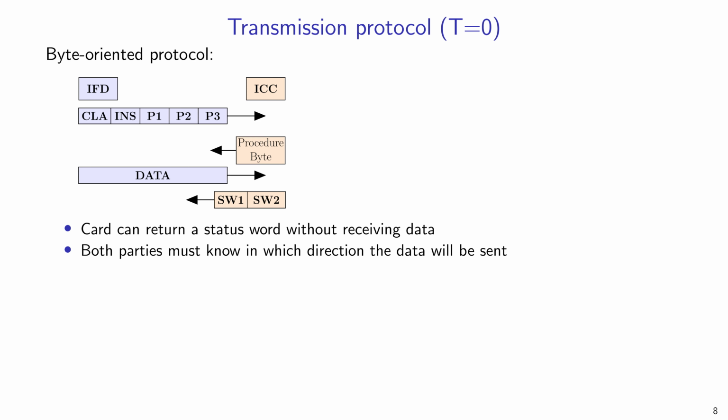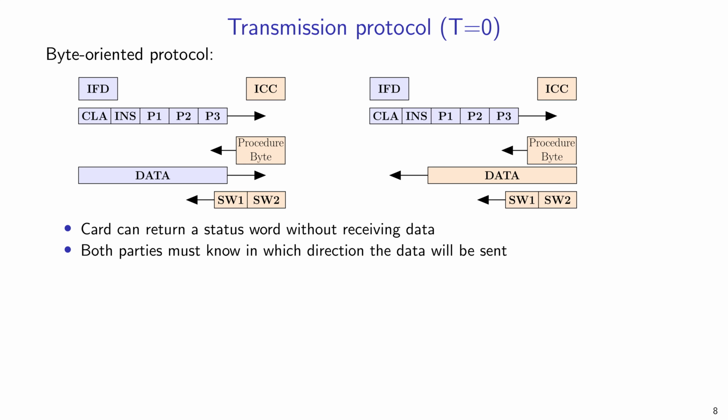Another important point is that both parties must know in advance in which direction the data will be sent, because the same procedure byte acknowledgement value is also used by the card to indicate that the card will start sending data. If both sides wait for data, the exchange times out. If both sides send data at the same time, the exchange fails.